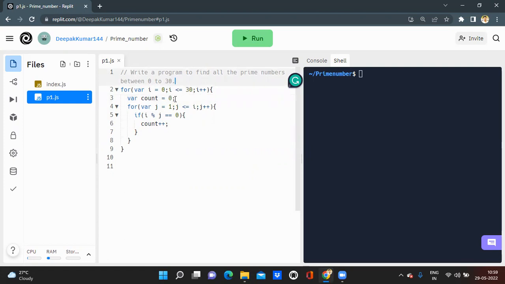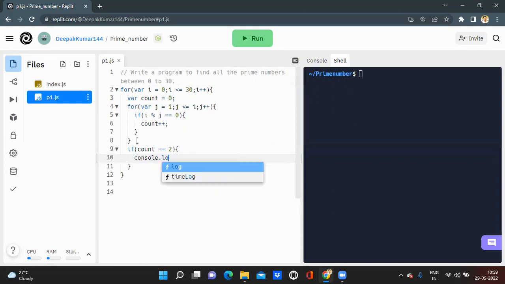Because if we create it before the outer loop, it doesn't reset, it counts the total from all the numbers, but we have to count the factors of each number separately. So if I is divisible by j, that is I modulus j equals 0, we count, and after the inner for loop we check the condition: if count equals 2, then we print the number. Now let's run the code.